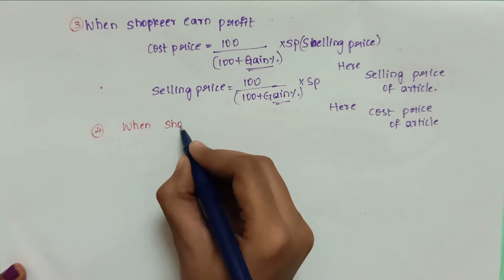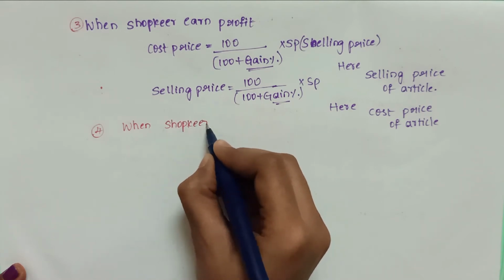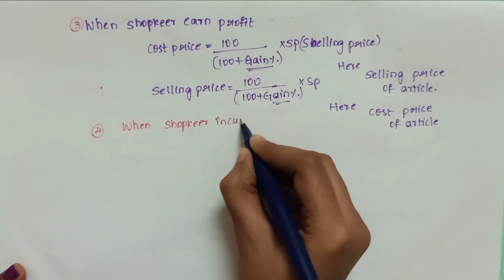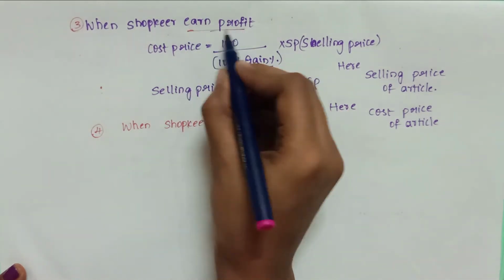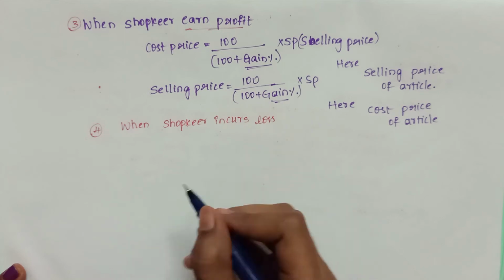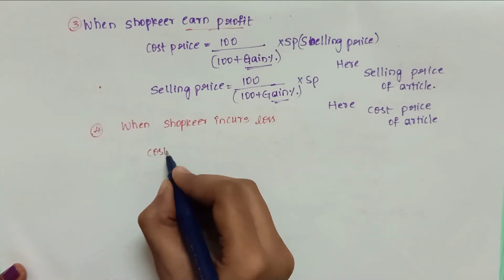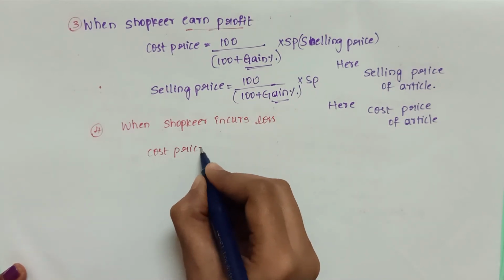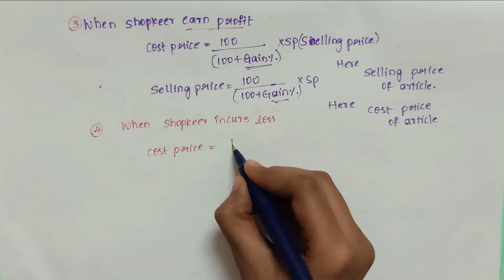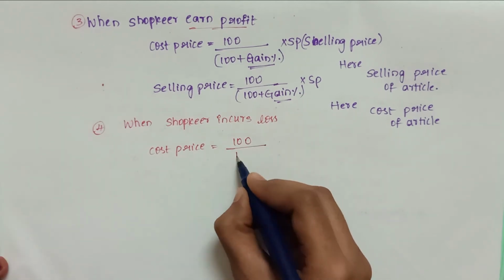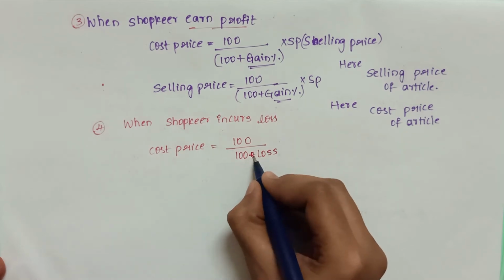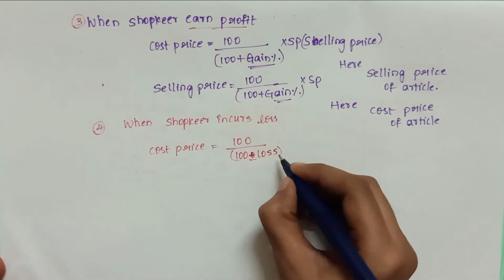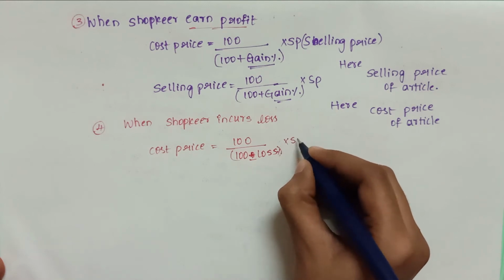Now when the shopkeeper incurs loss, before when he earned profit, now incurs loss. Now cost price is equal to 100 by 100 minus loss percent into SP.